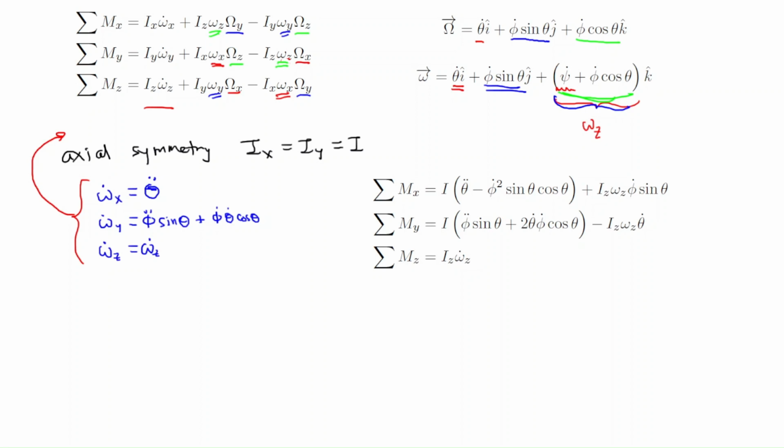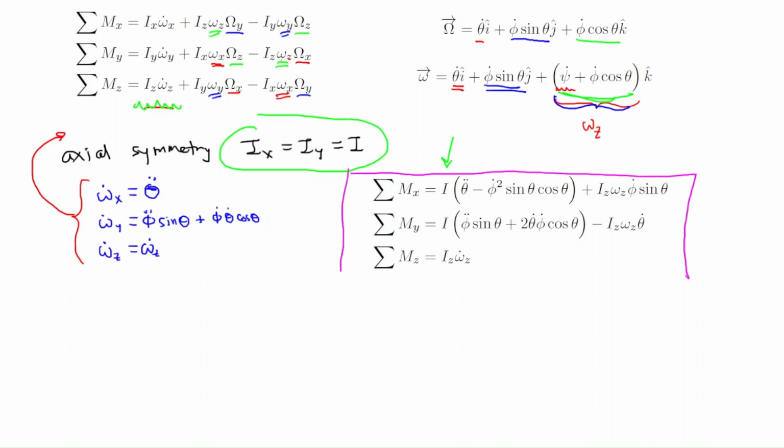Of course, one of those is that I sub x and I sub y are equal, and we're just using I in various places here. So you can do some grouping. In that third equation, you get everything to cancel except for this first term, very interestingly. All right, so these are the most general version of Euler's equations that use the Euler angles.